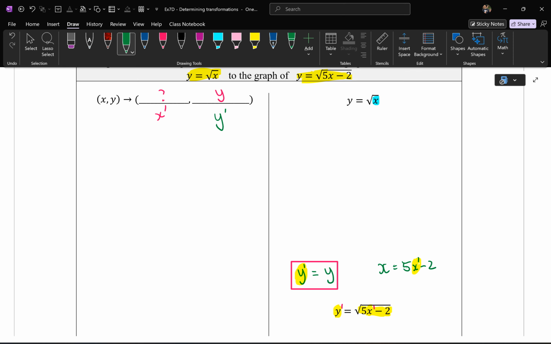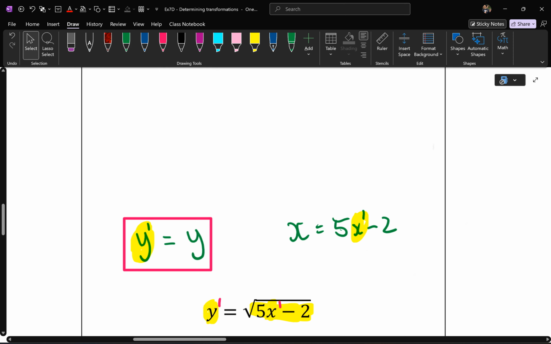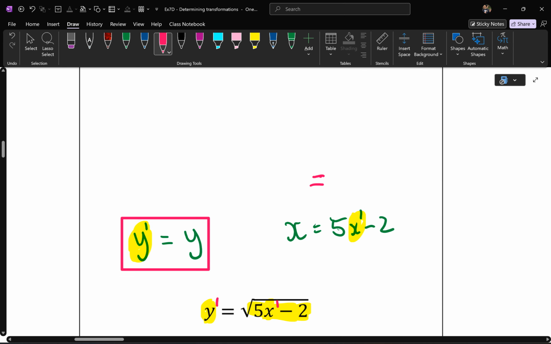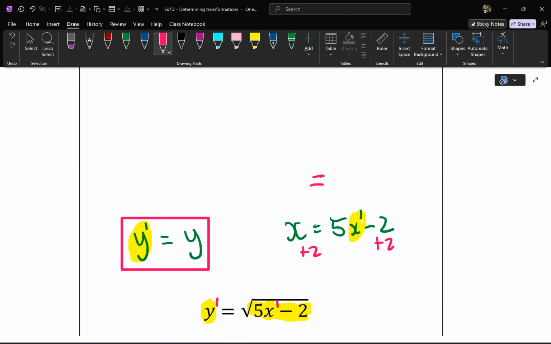So here we're going to rearrange all of this. Let's move backwards. Let's try to get x dash. So if I move backwards, I'm adding 2 to both sides. So this now becomes x plus 2, and I've got 5x dash. So I'm moving backwards, yeah? I'm going all the way back to the very original point. I want what x dash equals. So here what I would have done is divide by 5 on both sides.